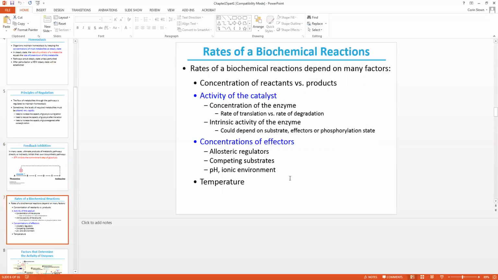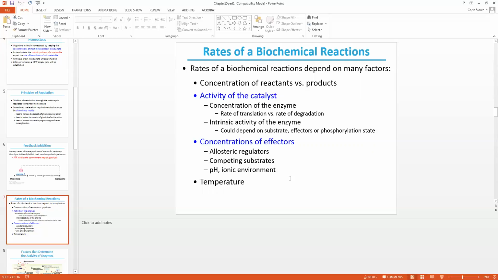If I look at the rates of biochemical reactions, these are going to be dependent upon many factors. So the concentration of reactants versus products, the activity of the catalyst, the concentration of the enzyme itself, the rate of translation versus the rate of degradation of that enzyme, the intrinsic activity of the enzyme. That could depend on substrate, that could depend on effectors, the phosphorylation state, and then the concentrations of effectors.